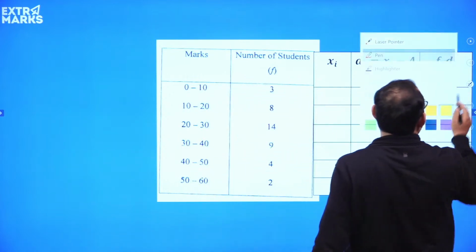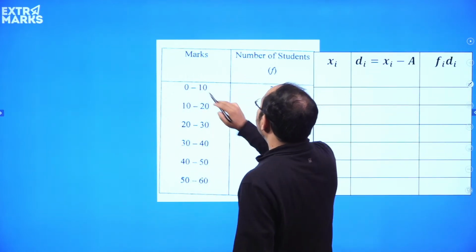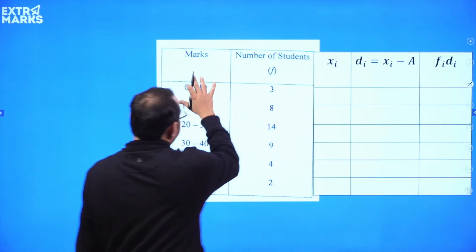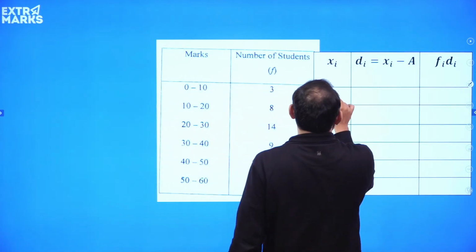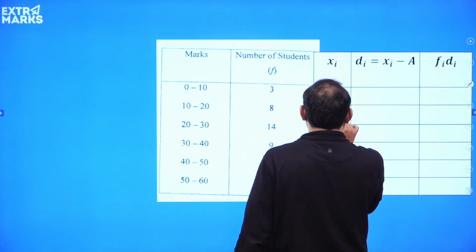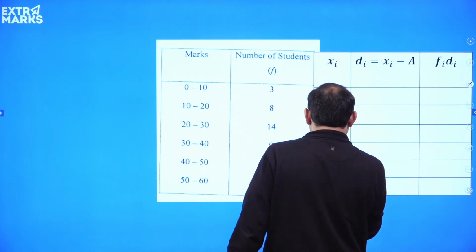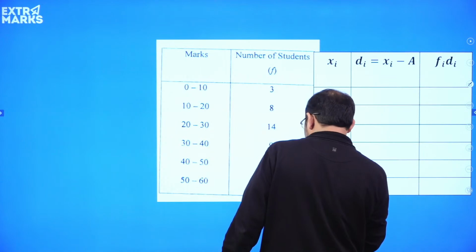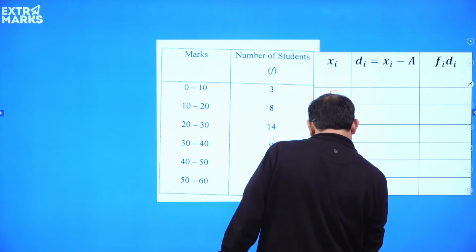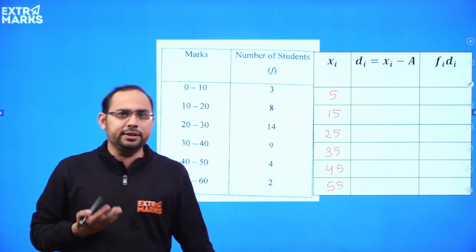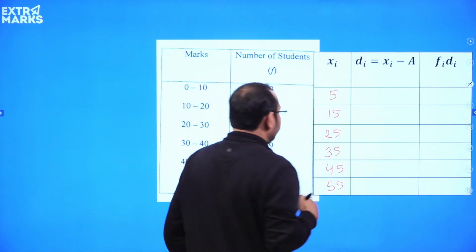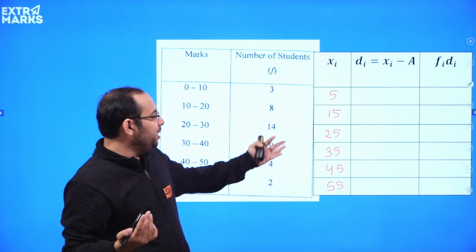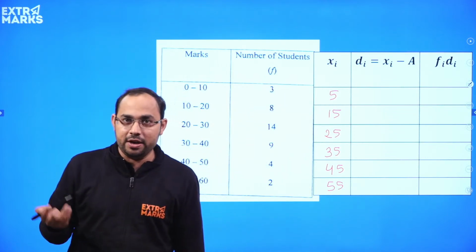And we will have first of all xi, that is the midpoints, that you can write. So they will come 5, 15, 25, 35, 45 and 55. First thing this. Then assumed mean. Normally speaking either 25 or 35 can be assumed as mean.